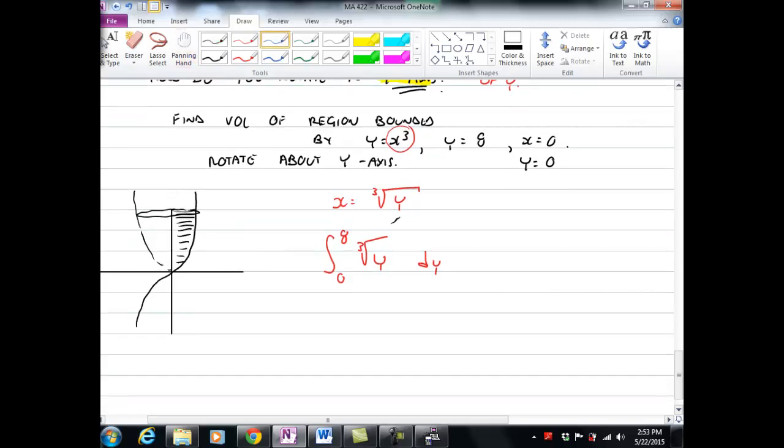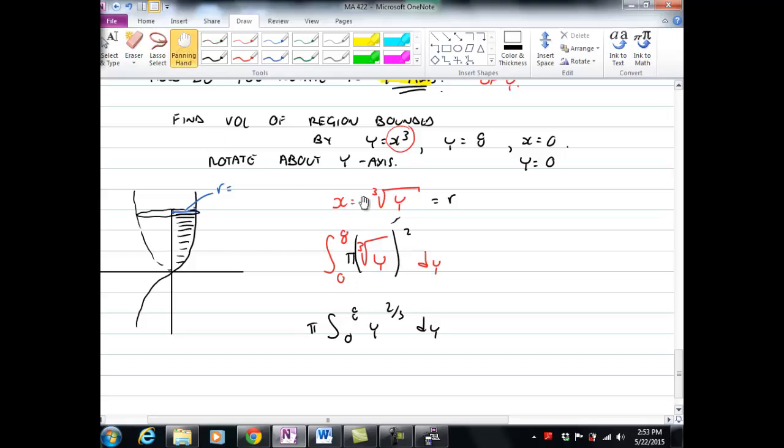So in this case, r is right here. That's your radius. Your radius is really cube root of y. And I forgot there's a pi here. Pi, so this is equal to r. So this is pi r squared, which I can rewrite as pi, integral from 0 to 8, y to the 2/3 dy. And you can easily solve it from here.